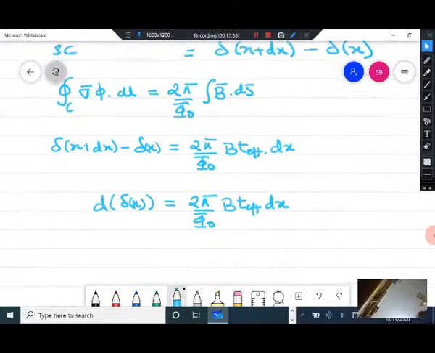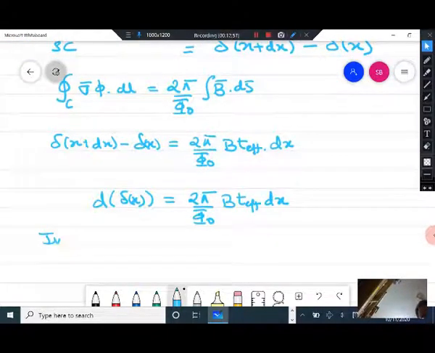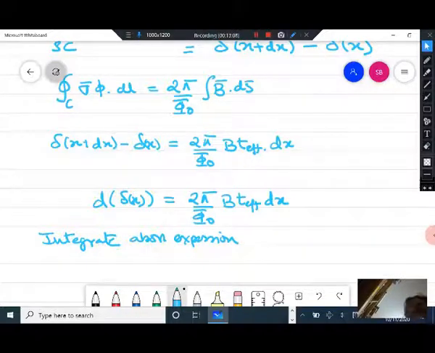Now if I integrate the above expression, this tells me how much the phase changes along a distance.